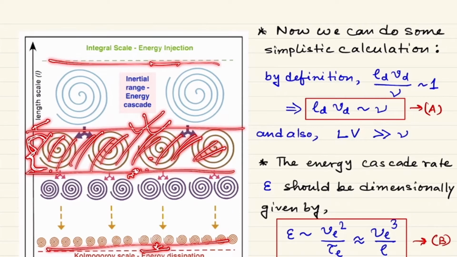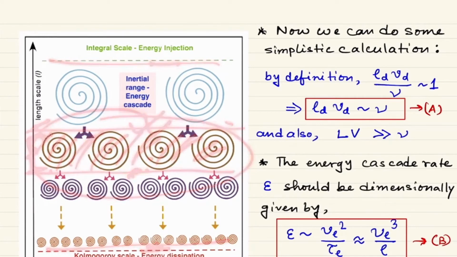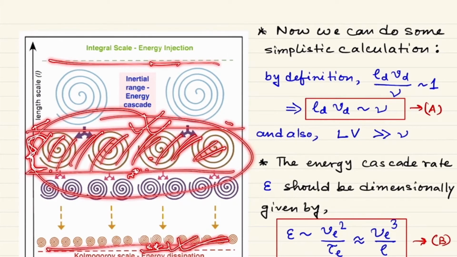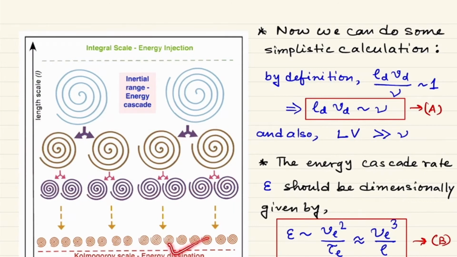Okay, so it's the same. Let's say you have turbulence in glycerin or in oil. Well, the viscosity is different, but this cascading process is universal, because it does not care about the nature of the viscosity.